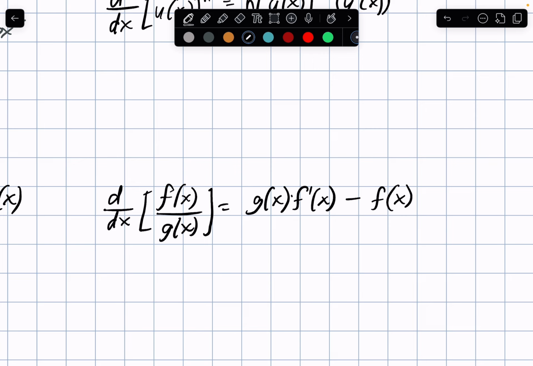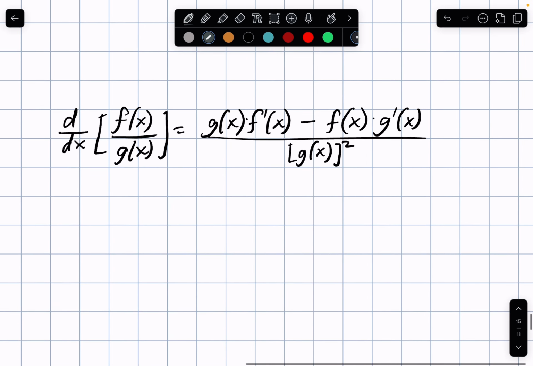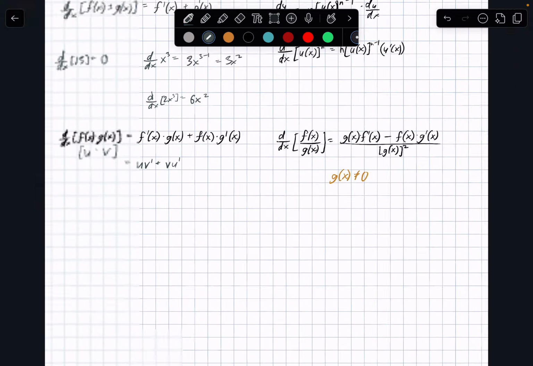Copy the numerator, find the derivative of the denominator, all divided by the denominator squared. This applies such that g of x is not equal to 0. Okay.